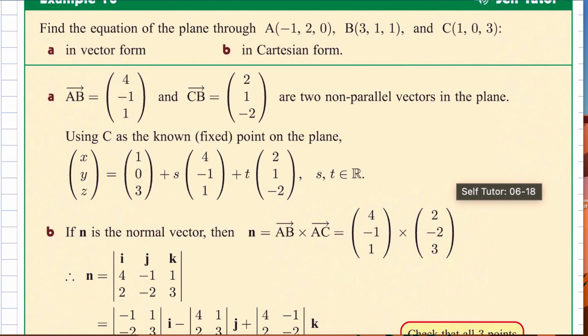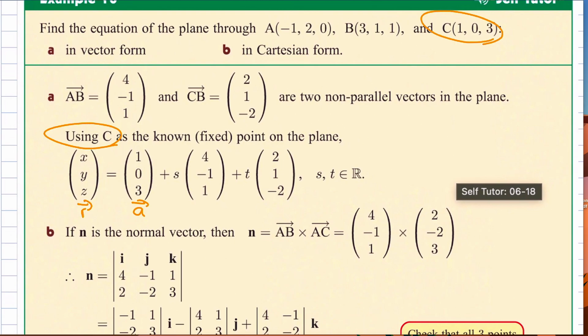The first part says that our r is going to be equal to the point that we know. They have chosen, for whatever reason, point C as the fixed point on the plane, but we could choose any of them. So this is our fixed point, the origin out to C.